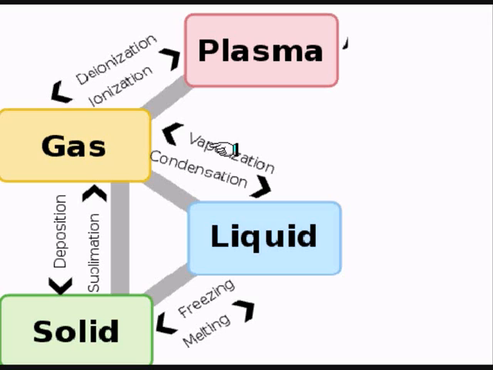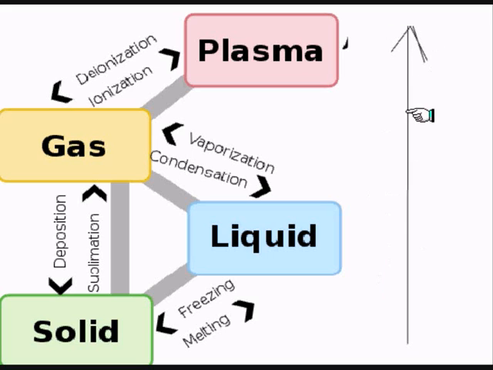The first change caused by heat is changes in state. As you go up in this chart, the energy being provided to the substance, heat energy, is being added to the substance.